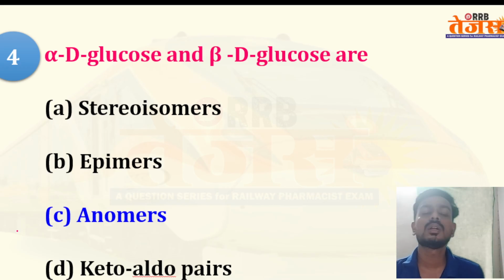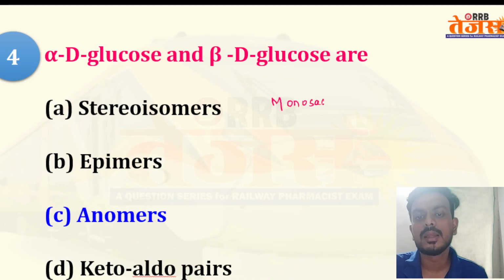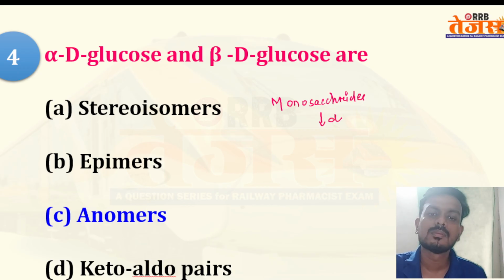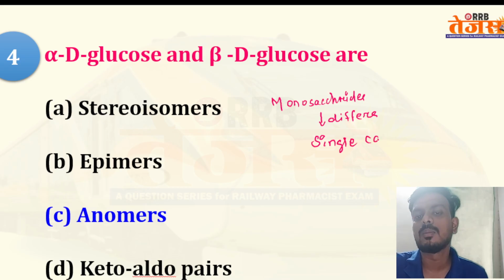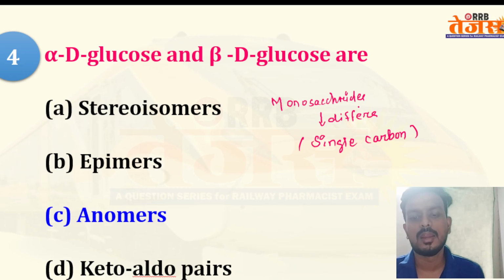Anomers are monosaccharides that differ from each other in a single carbon; we call them anomers.